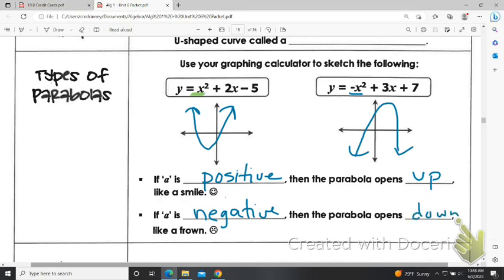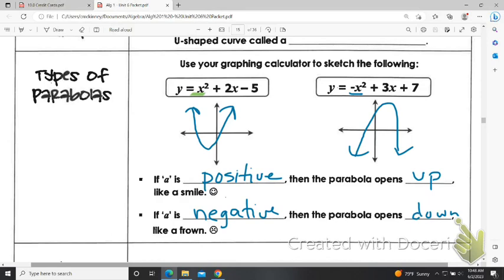So those are a couple of very rough things, that it has kind of that U shape, and if the x squared is positive, I know it's going to open up, and if the x squared is negative, I know it's going to open down. And more to come about other things, but sometimes, if you were just looking at multiple choice, that information alone gives us a starting point.